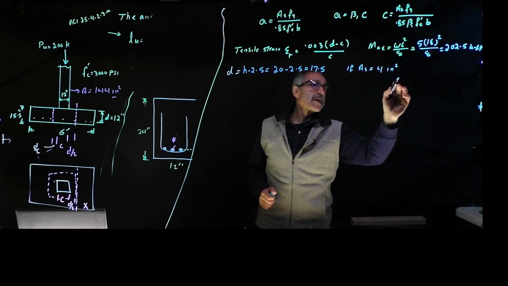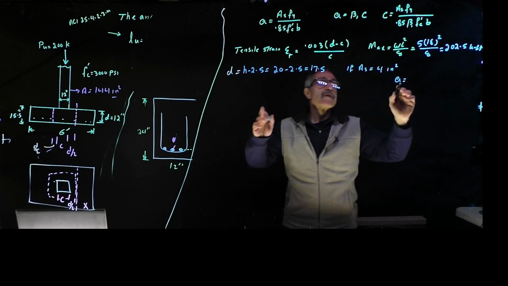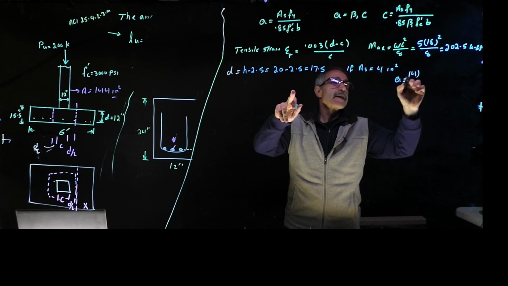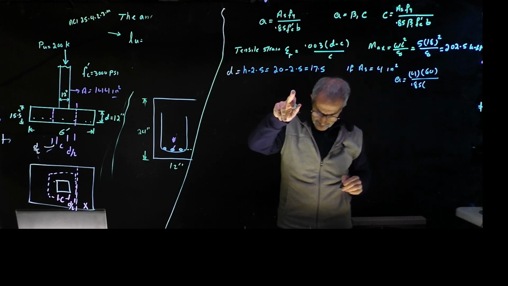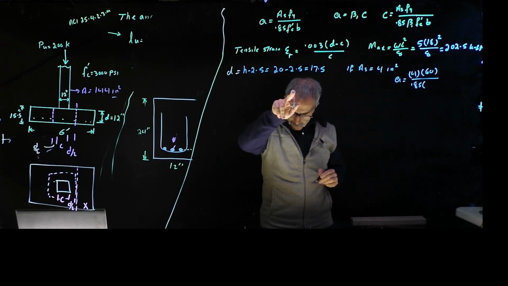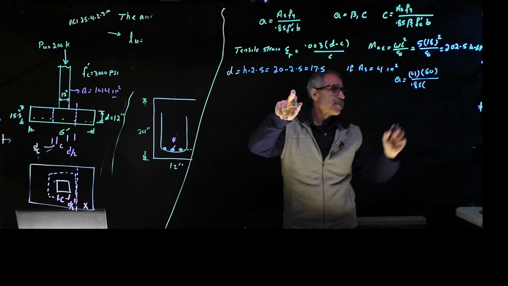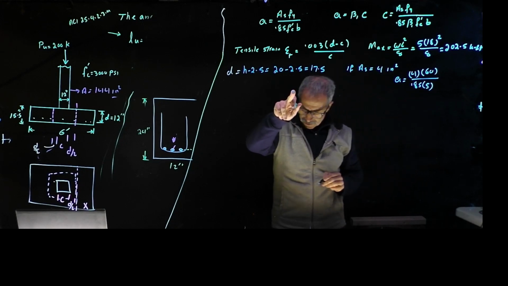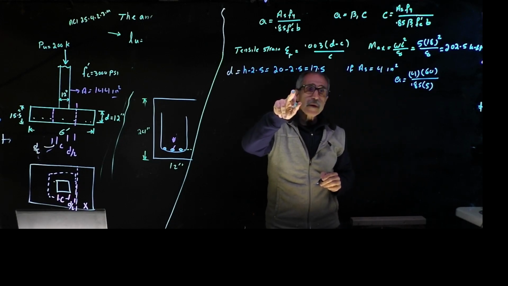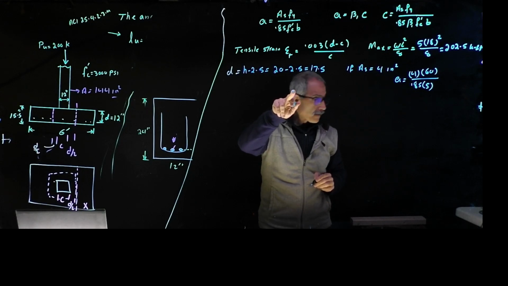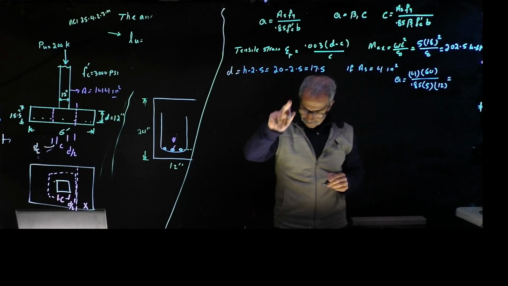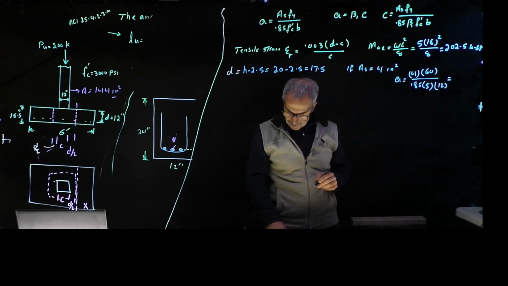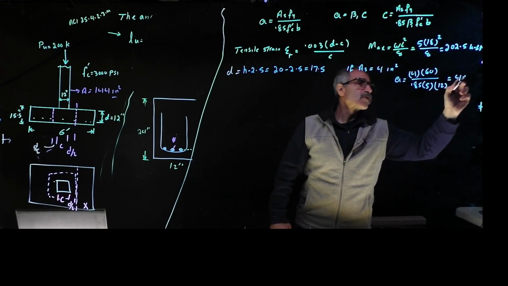My stress block is going to come out to 4 times 60, divided by 0.85 times 5, it's a 5,000 pound concrete, yeah, and then times b, which was 12 inches. All right, double check my number, please. And that'd be 4.7 inches.